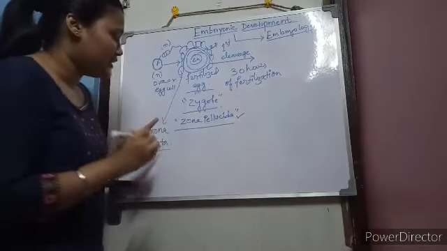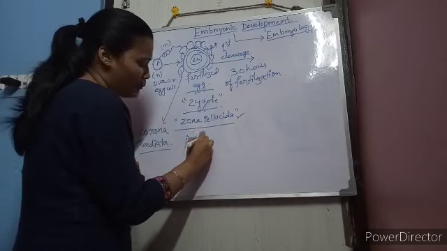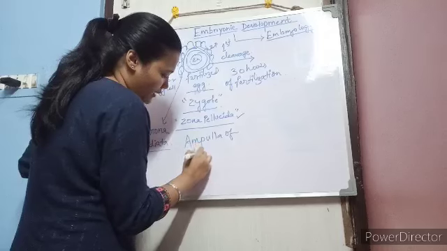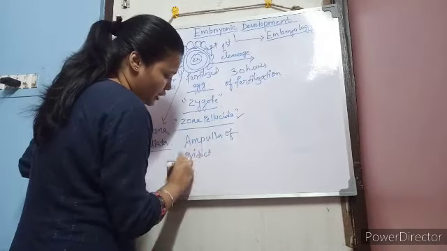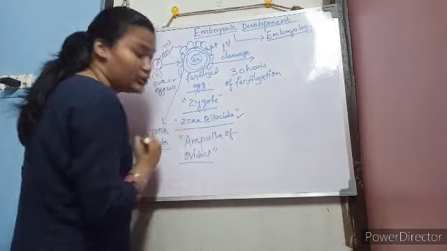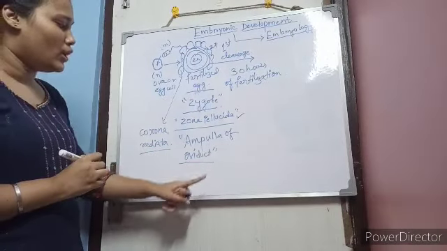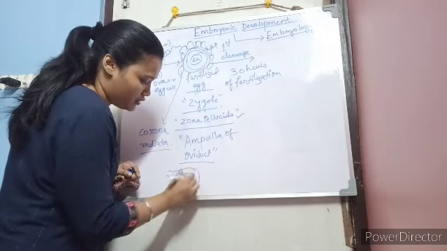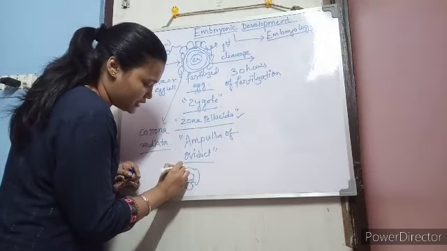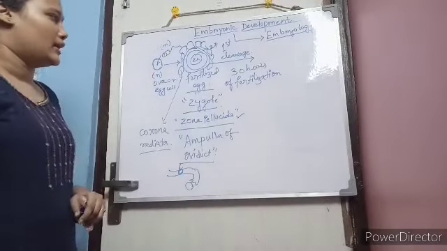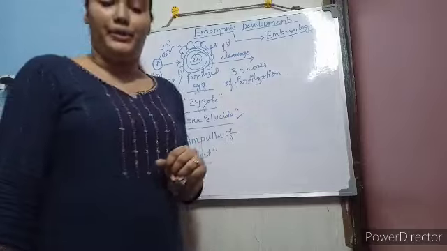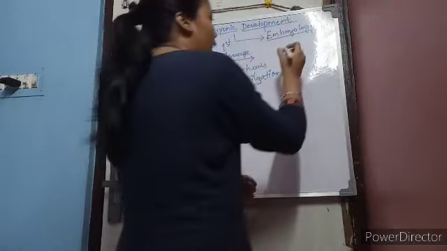Now this fertilization takes place in the ampulla of the oviduct. This is the location of the fertilization of egg and sperm. In this region, this is the ovary, and in this region, this is the ampulla of the oviduct. Now after 30 hours of fertilization, the first cleavage happens. In the first cleavage, a 2-cell stage forms.